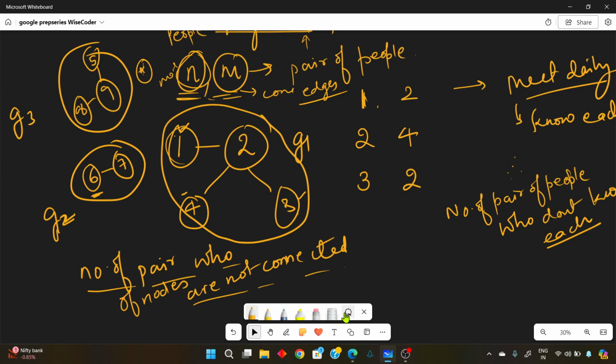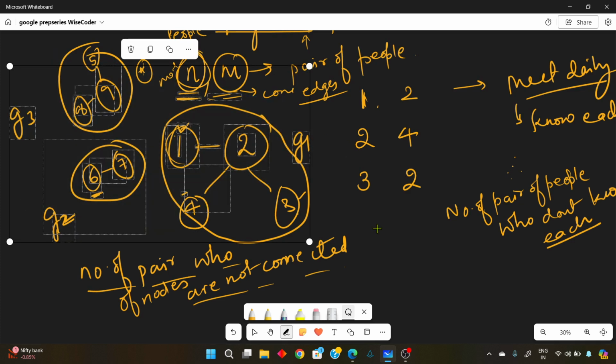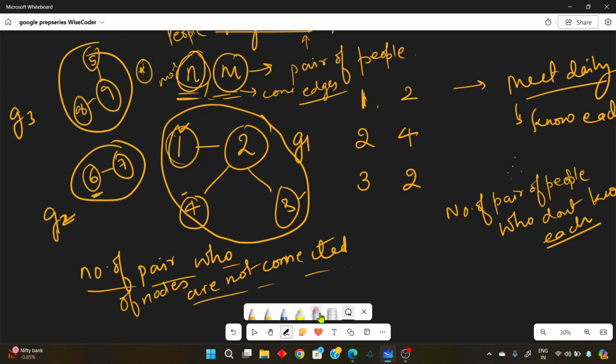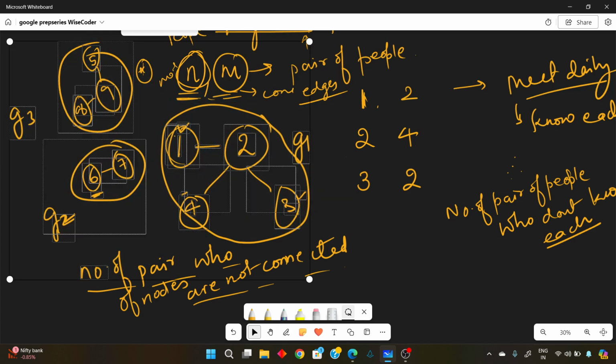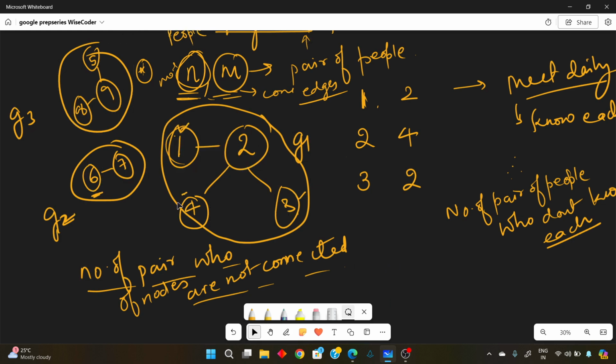I'll take the same example. I'll copy this one a bit downwards and scroll down.